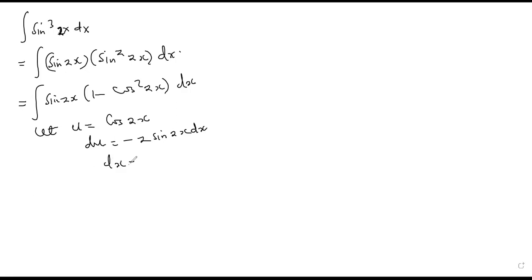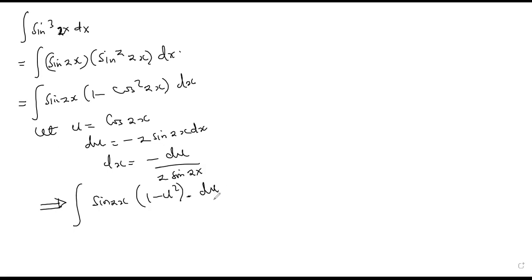So that our dx is negative du out of 2 sine 2x, implying that the whole thing will be the integral of sine 2x times 1 minus u squared times du negative over 2 sine 2x.